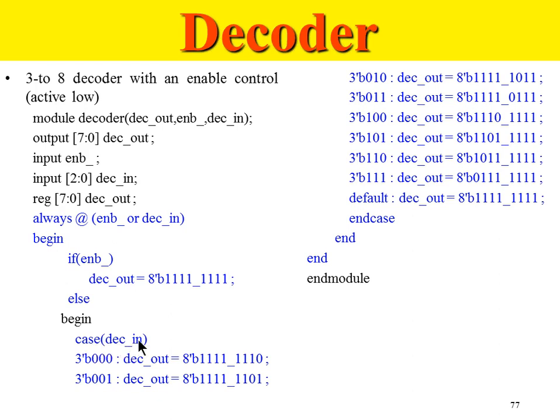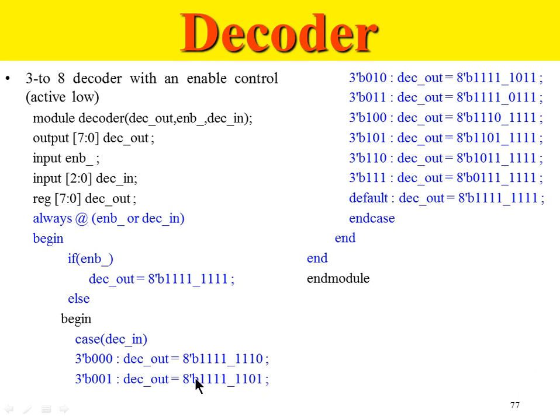Case dec in. If dec in is 3'b000, dec out gets: the 0th output is activated. In this case, active low, so it is 0. The rest of the outputs are deactivated, meaning ones. When dec in is 001, output number 1 is activated, active low means 0.